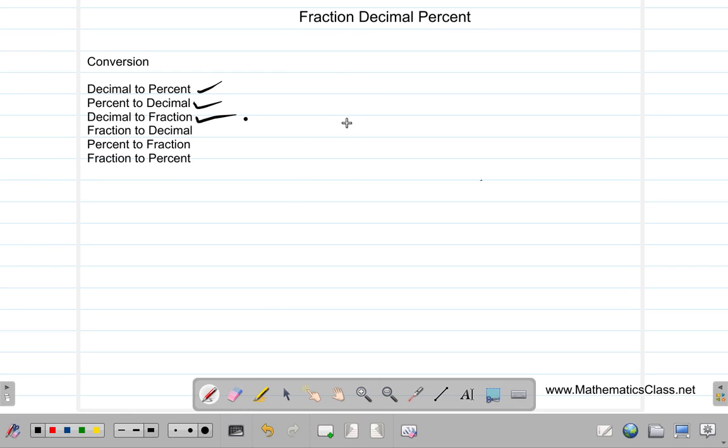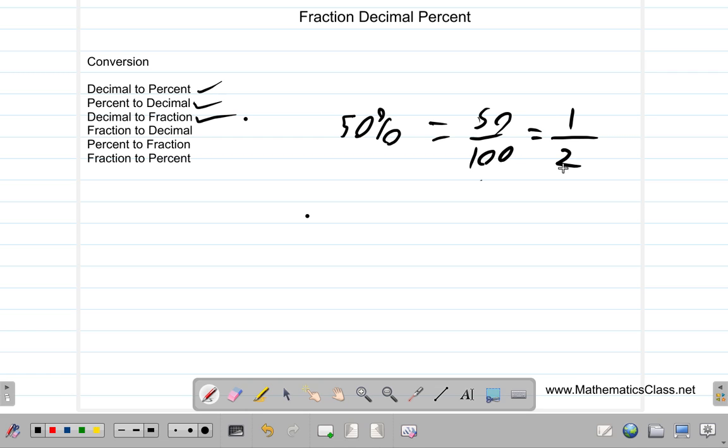Now, if you have 50% and you want it as a fraction, remember, percent means out of 100, so 50 out of 100. So 50% is really 50 out of 100, and when you cancel down, 50 into 50 is 1, 50 into 100 is 2, you get a half.